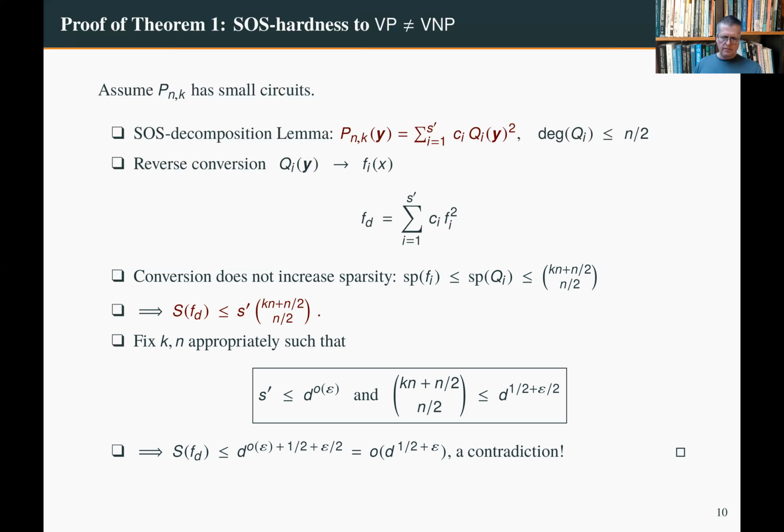So when you multiply here, we get this expression, which is the same as this. And this is a contradiction, because FD was hard, and this is actually smaller than the hardness assumption we had. So this proves theorem 1 and gives the separation of VP and VNP under a sum of square hardness assumption.